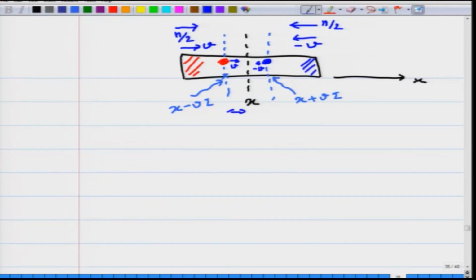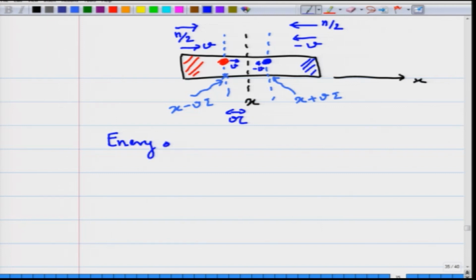So, let us consider from this point x at a distance of v times tau, this point x minus v times tau, the location which is on the hot end side, and we look at the electrons which are flowing from the hot end side towards x.